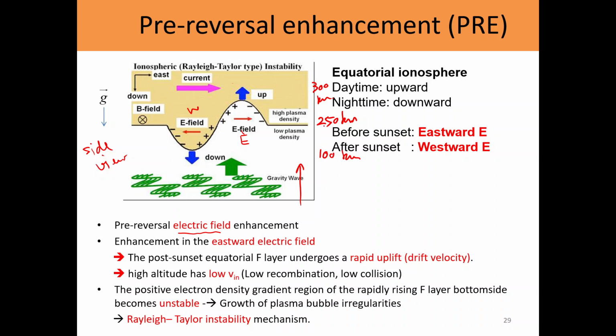So that's where the bubbles or the fluctuation occurs more than at the other altitudes. So around this area, some areas have uplift, some areas have downward. So lots of forces all over the place.